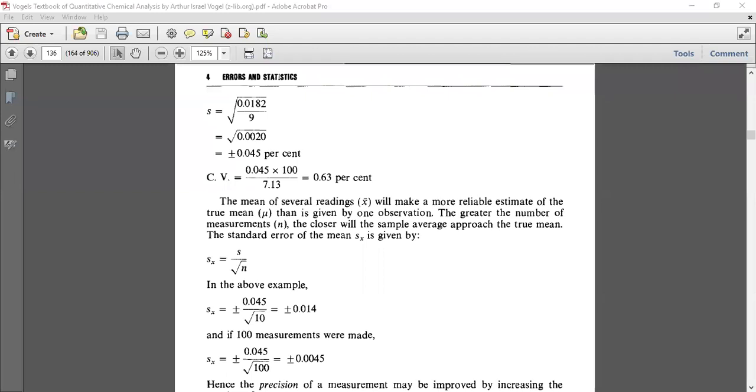So see, these are the problems. You can just take it as an assignment, or if you wish, tomorrow also we can continue with such kinds of problems. For example, this problem is related to mean and standard deviation. The second problem is related to F value.